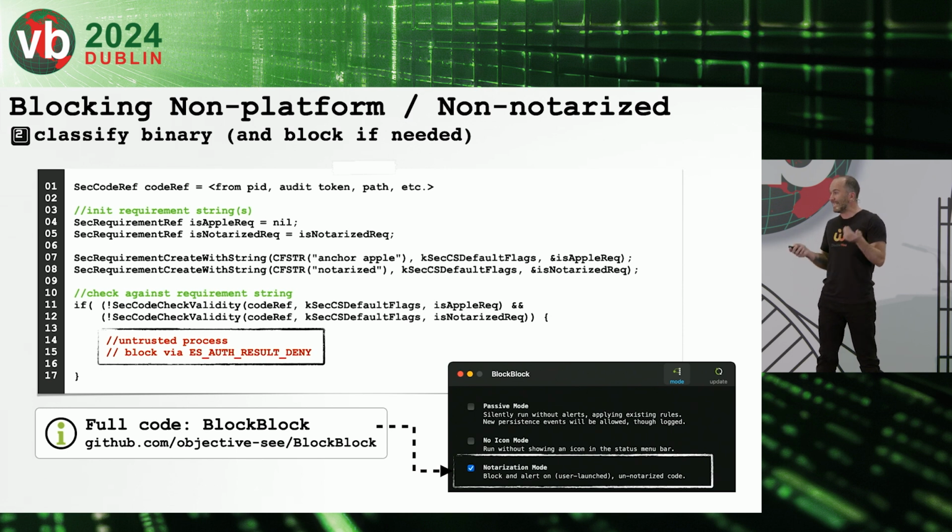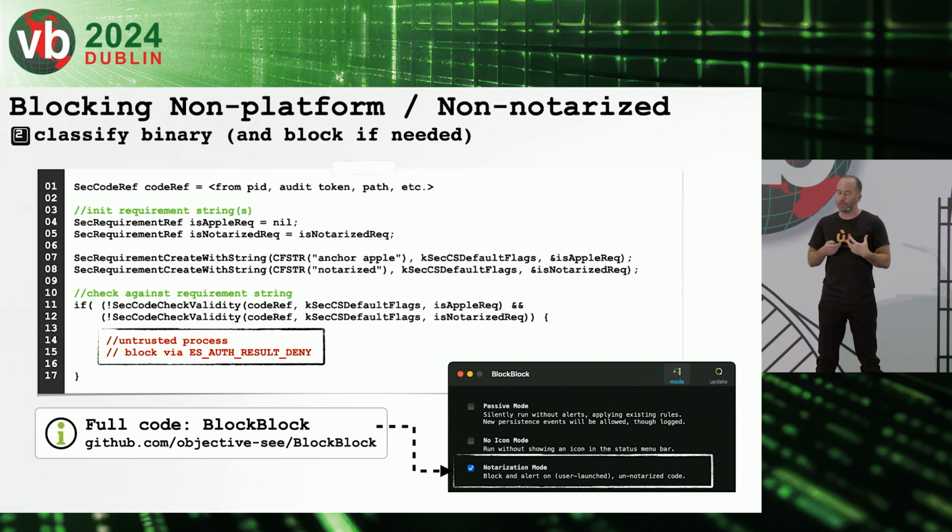Turns out it's pretty easy. Again, don't worry about the code too much unless you're really into these things. But the idea is there are code signing APIs that macOS exposes to us that we can query and say, hey, a given process or a given path, is it notarized? And the code signing framework will then say yes or no.